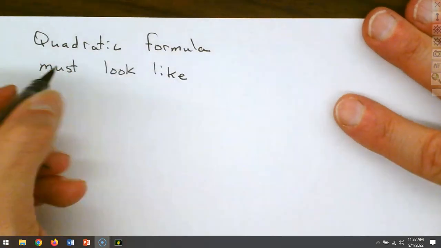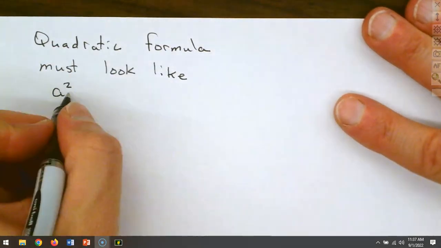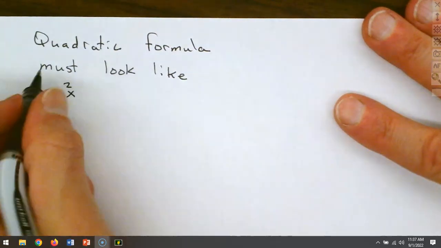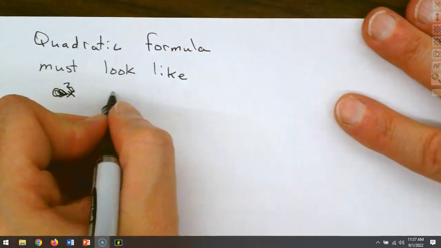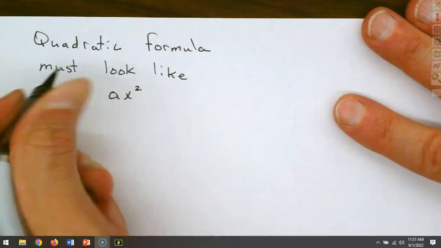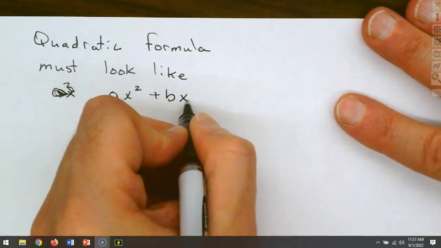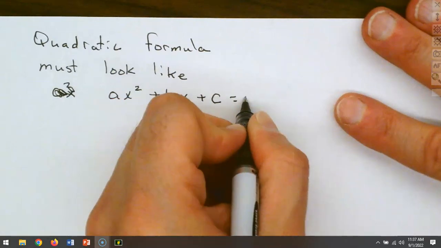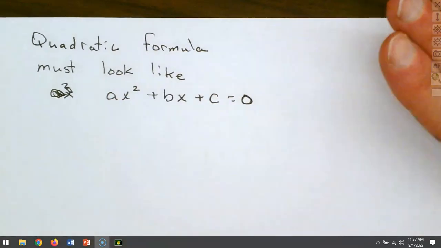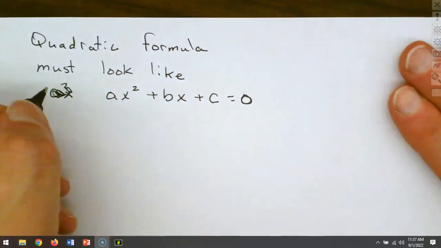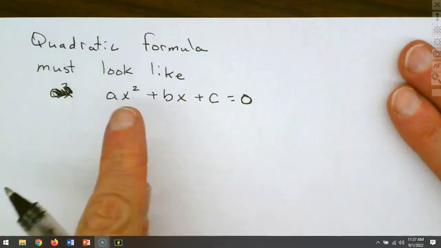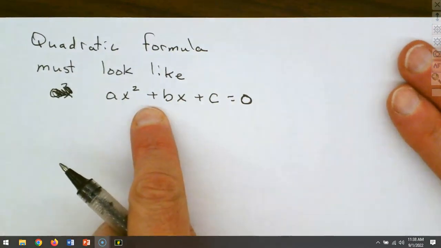It must look like ax squared plus bx plus c equals 0. Put the square in the right place. It has to look like that.